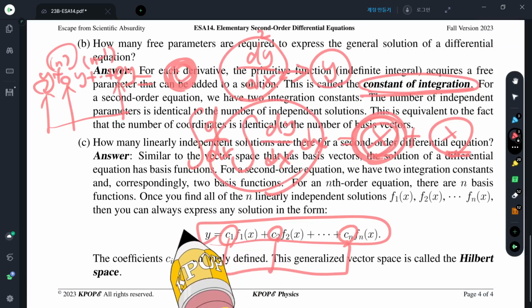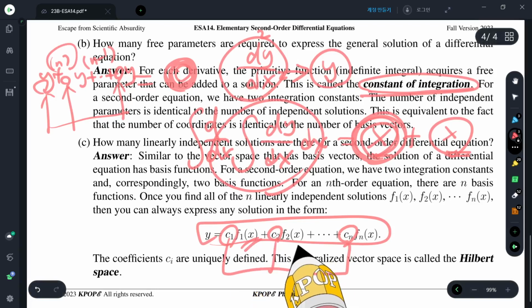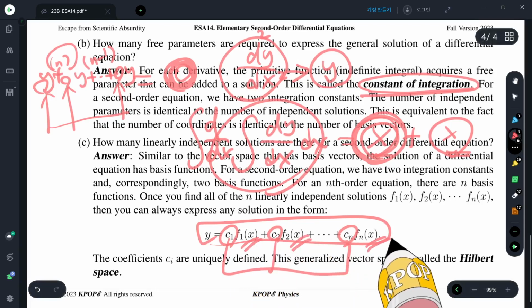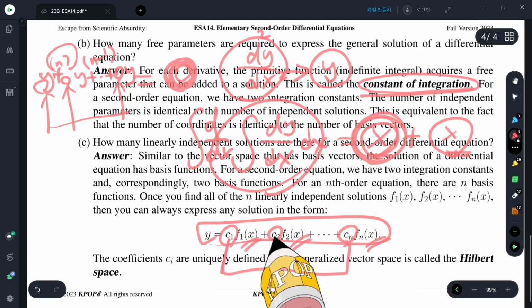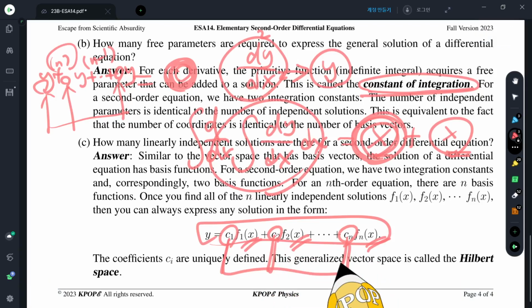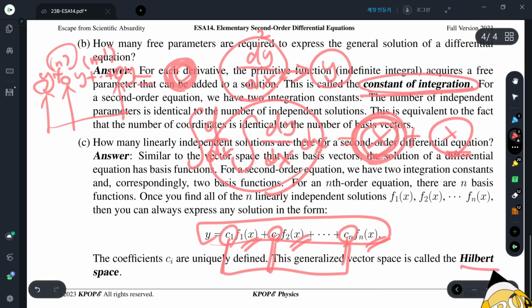So this is a solution space. The set of all solutions is just like a vector space, and these are like unit basis vectors, and these coefficients are like the Cartesian components of a Euclidean space. But it is not a Euclidean space; we call it the Hilbert space.